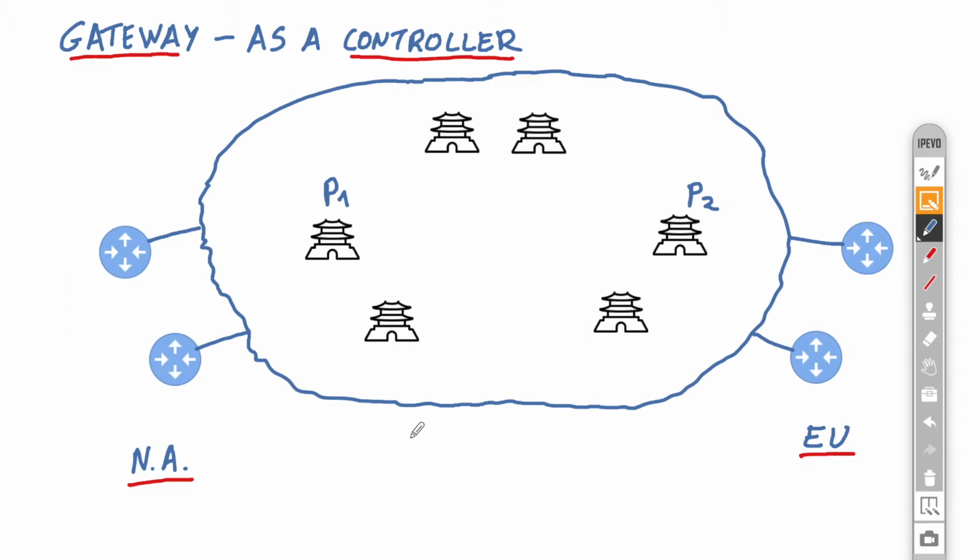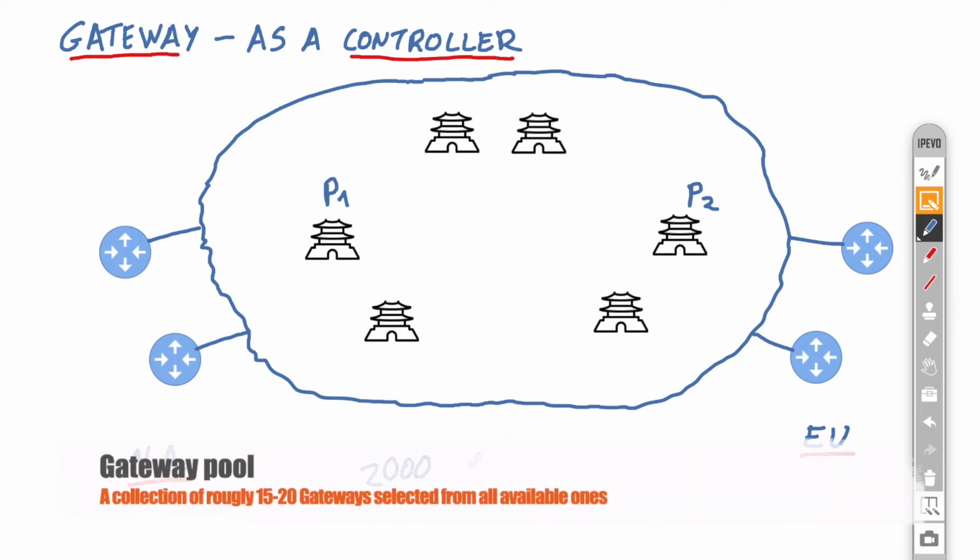Now, I did mention gateway pools before, and the idea of a gateway pool is simple. We have more than 2,000 gateways all around the world. We don't really want to use all of them for just a single customer that might just have, let's say, 50 edges, right? So when we create a customer account, when we create an enterprise, the operator creates a gateway pool that might be, I don't know, 15 to 20 of these gateways.